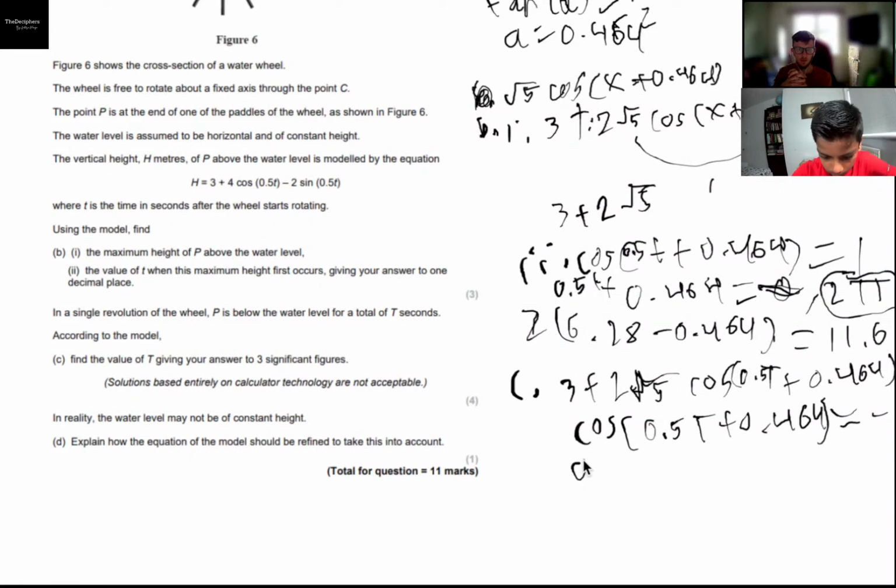Then 0.5t plus 0.464 equals minus 3 over 2 root 5. It should calculate as in radians.